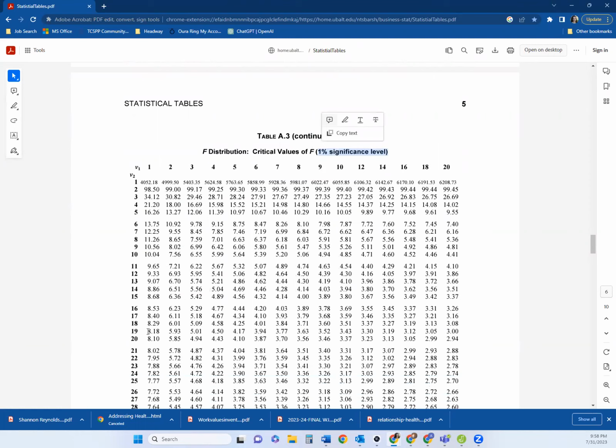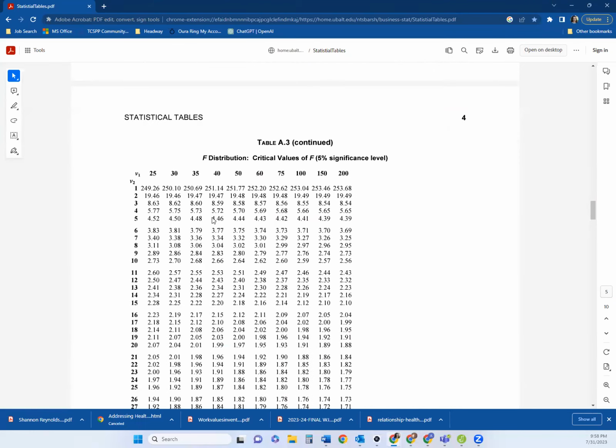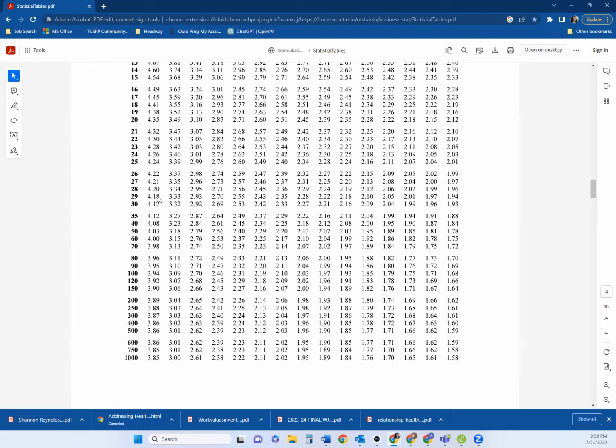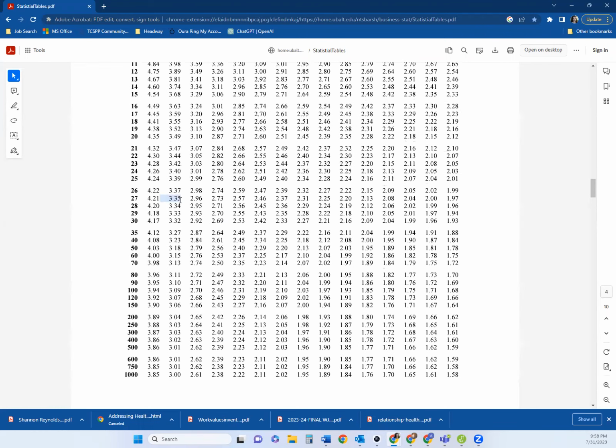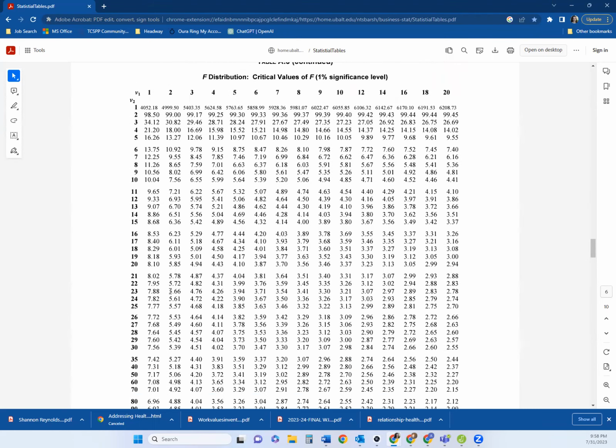And we'd still use the same degrees of freedom, which in this case would give us a 5.49. Now, because this one was 3.35, and I know my obtained value is 8.80, I'm going to go ahead and check the 1%, right? Because it might be significant at the 1%.